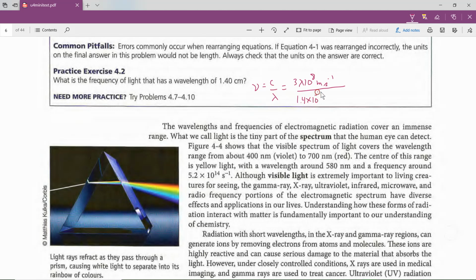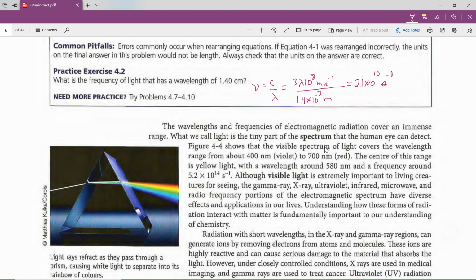Centi is 10 to the minus 2, so 1.4 by 10 to the minus 2 meters. So we get units of reciprocal seconds, which are hertz. So 3 by 10 to the 8th divided by 1.4 by 10 to the negative 2, and I get 2.1 by 10 to the 10th. And those units are hertz, or reciprocal seconds. Or 2.14 by 10 to the 10.